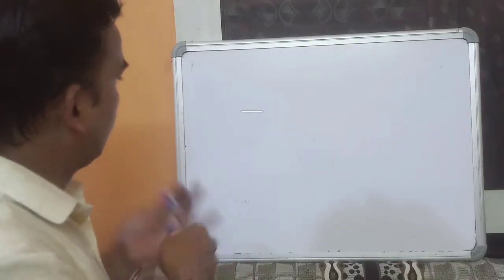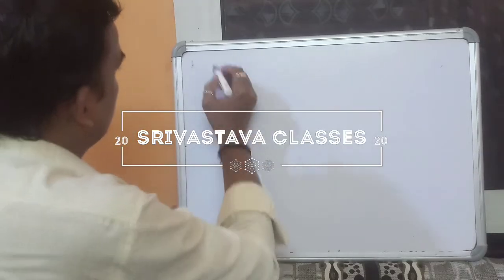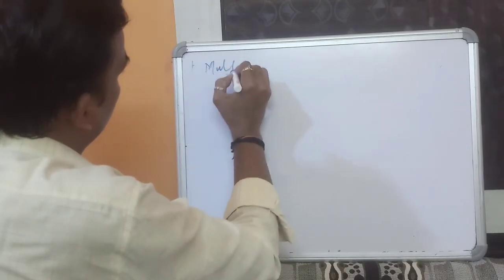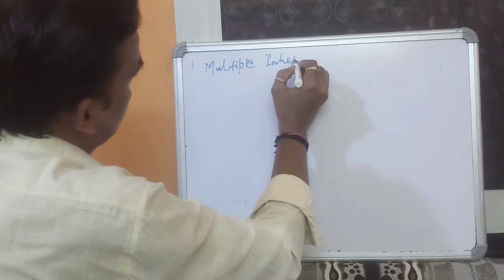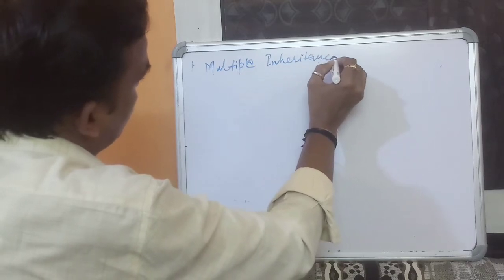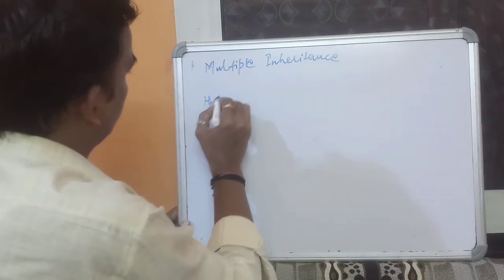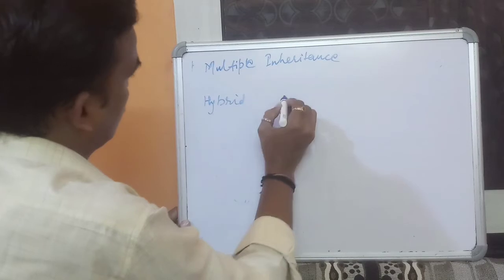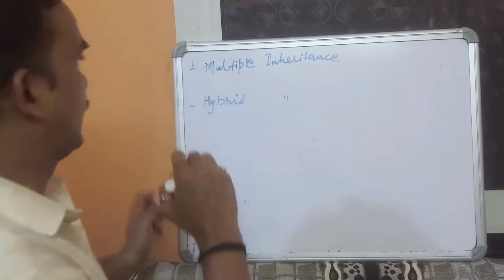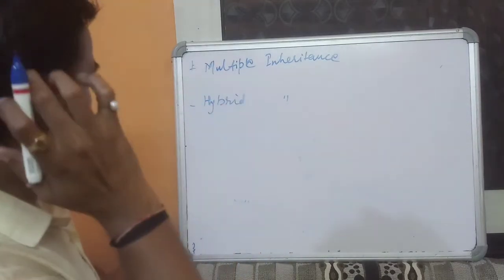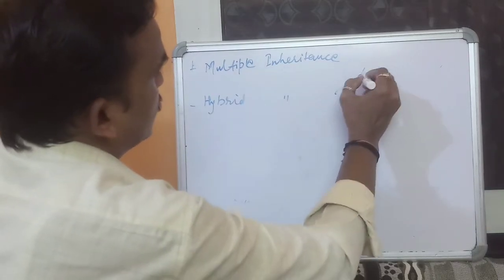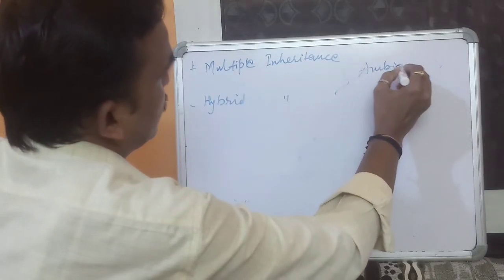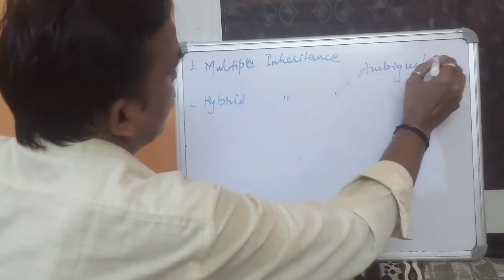Talk about the remaining two inheritances, that is multiple inheritance and hybrid inheritance. In both, there may be an ambiguity problem. Why?